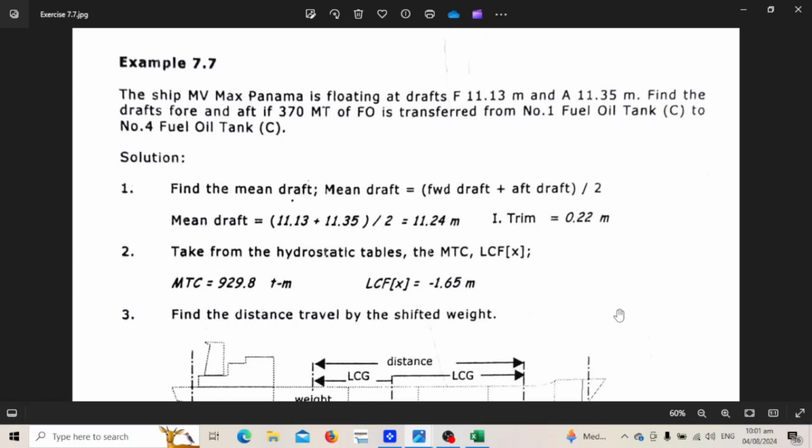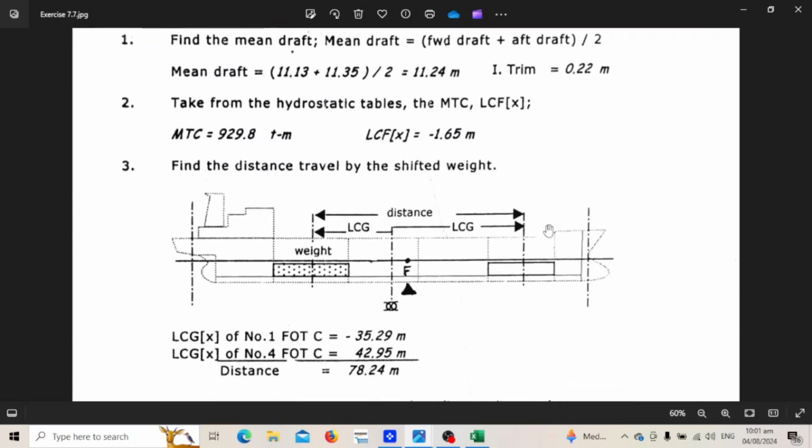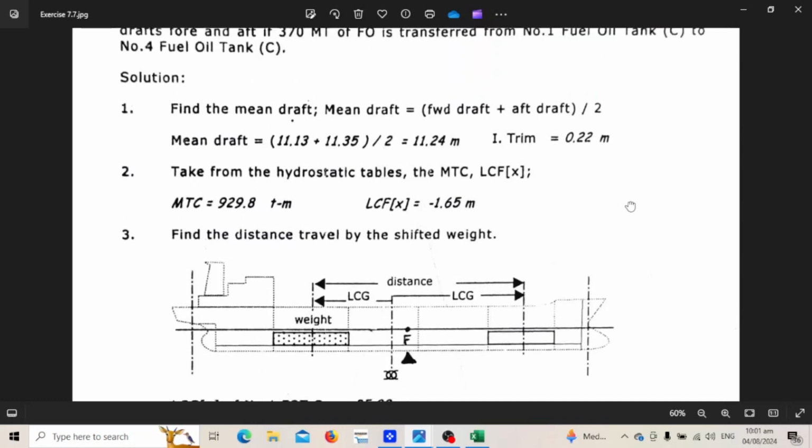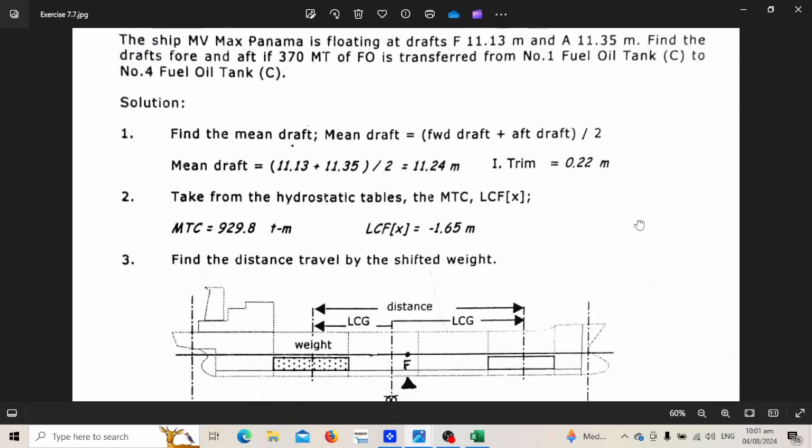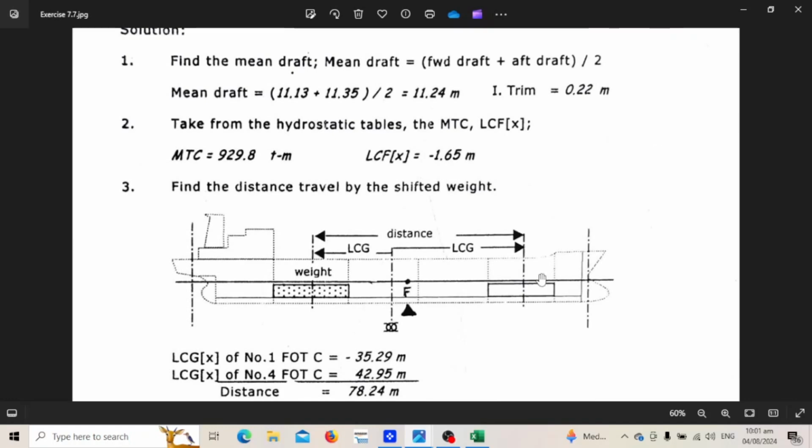So meaning it is shifted from number 1 FOT going to number 4 FOT. From number 1 we ship the cargo to number 4 FOT tank, and he will have a distance from FOT number 1 going to FOT number 4.